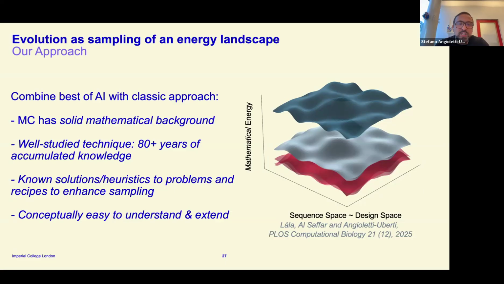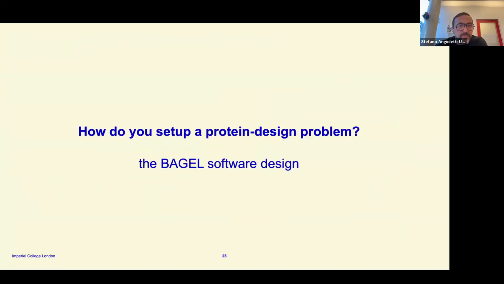Computationally, we've been using it since the 1930s, 1940s. So it's 80 plus years of accumulated knowledge, and there are a lot of known solutions, heuristics and recipes that we can use to speed up the directed evolution process. It's also conceptually very easy to understand and extend. Every physicist who has done a bit of statistical mechanics would have a good understanding of how exactly this works.